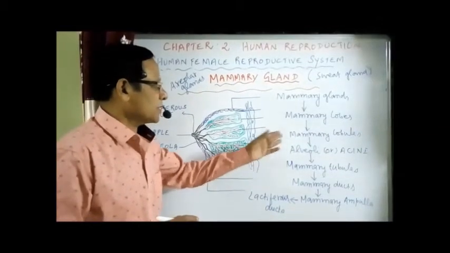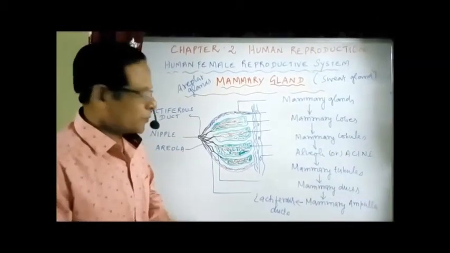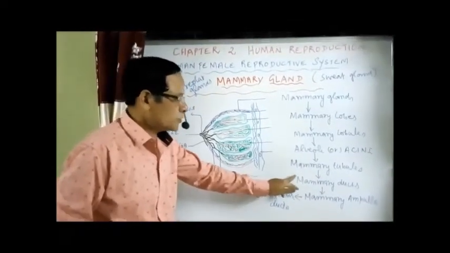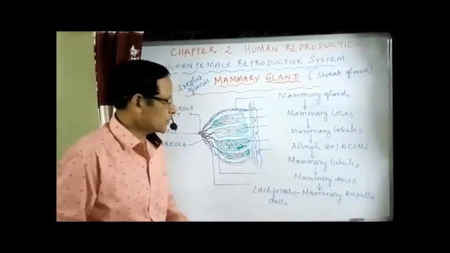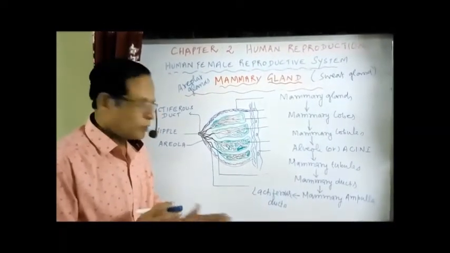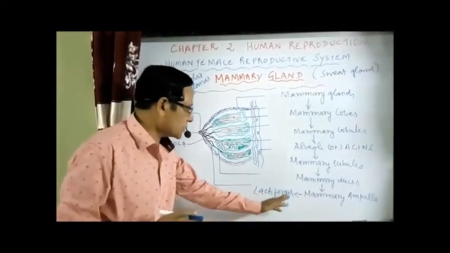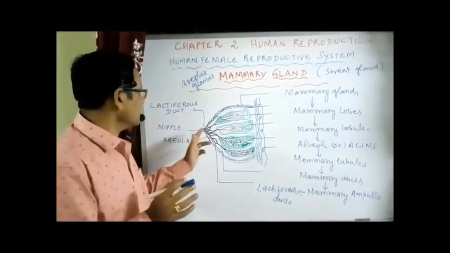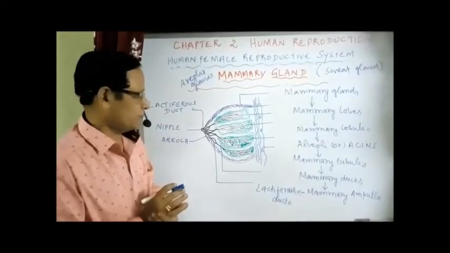So alveoli or acini, lined with epithelial and myoepithelial cells, give rise to the mammary tubules. The mammary tubules join together to form mammary ducts. The mammary ducts enlarge to form the mammary ampulla, which is continued as the lactiferous ducts, and the lactiferous ducts open separately on the surface of the nipple.